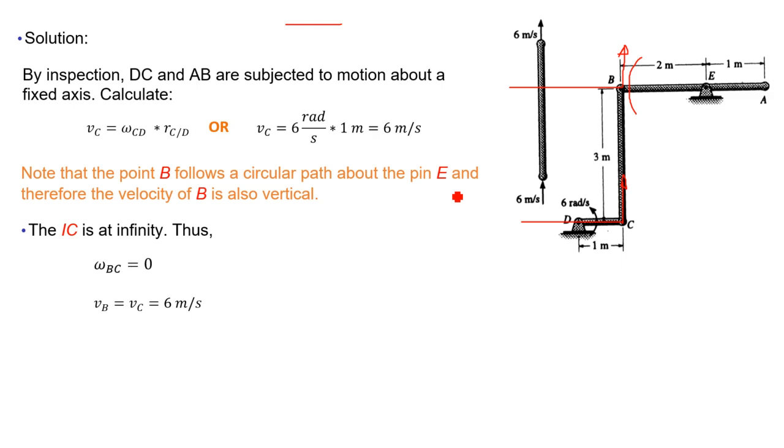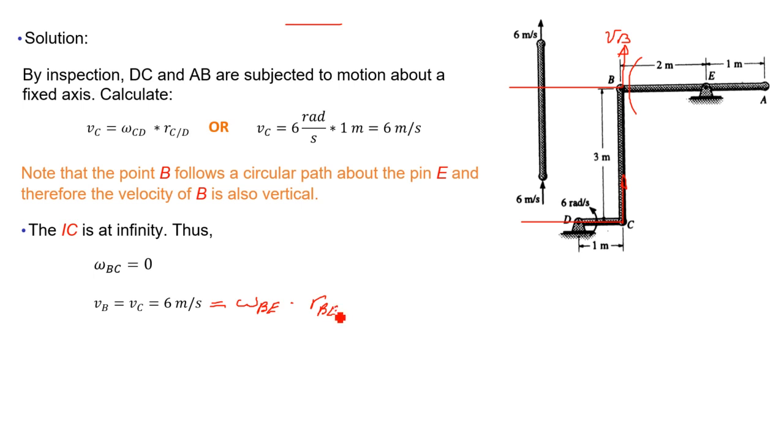Thus we are going to say that the omega BC in that case is going to be equal to 0. If I write down the relative velocity equation, the VB is going to be equal to the VC, which we found earlier as 6 meters per second. Now this 6 meters per second of the VB is going to be equal to the omega of the BE multiplied by the RBE, which is 2.